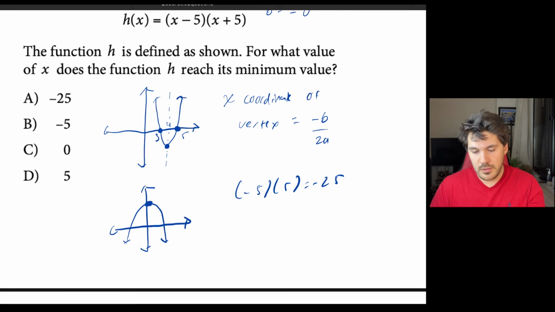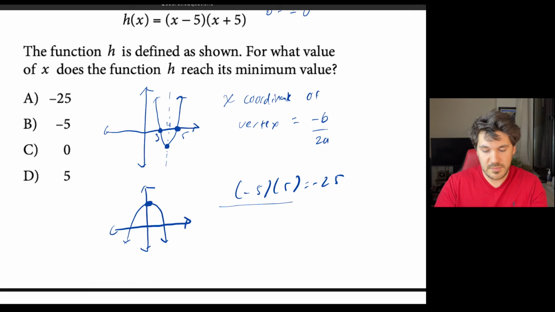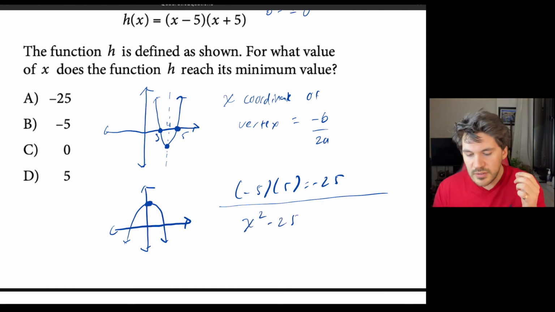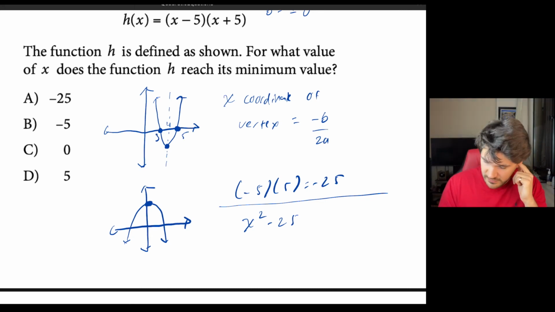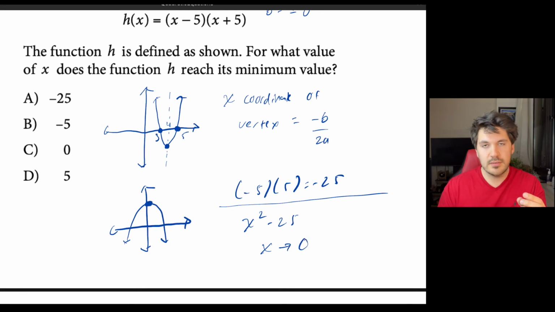Alternatively, we could FOIL the x minus 5 times x plus 5 out. That would get us x squared minus 25. And if it's x squared minus 25, we do negative b over 2a. b in this case is 0, so we know that the x-coordinate would be 0. That's it.